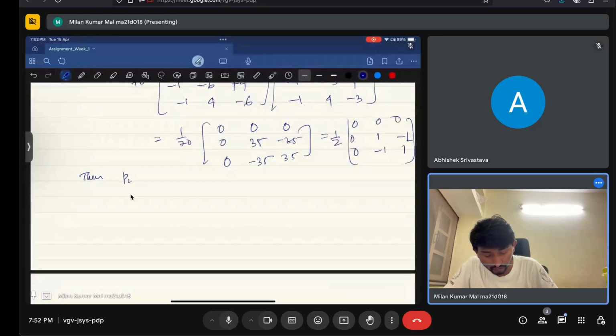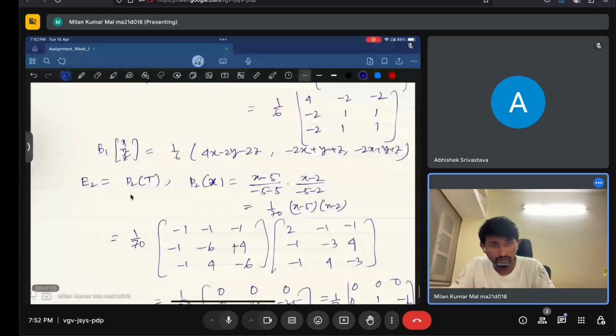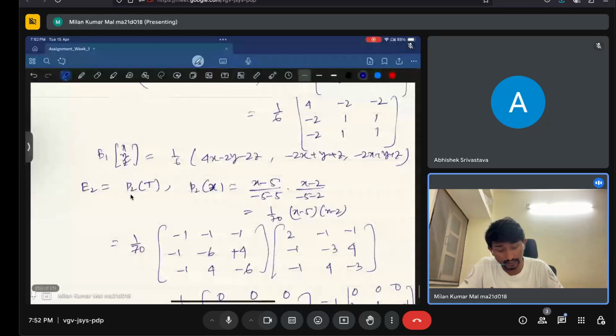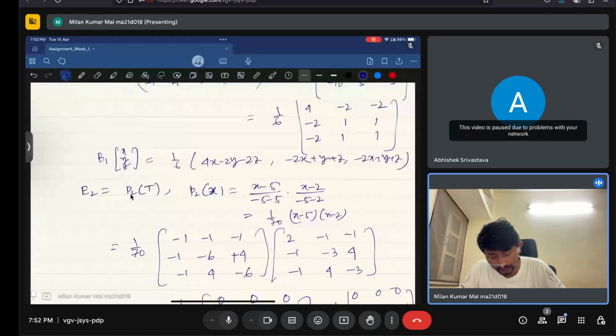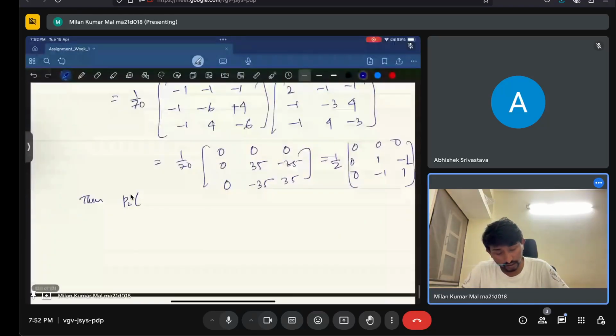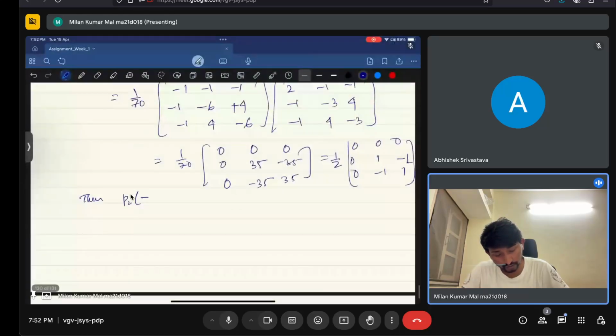Then what will we get? P2 of A is there. So P2 of T with the element x y z will be 0 for the first one, 0, 0. The next will be y minus z, and the next will be minus y plus z, all with half.